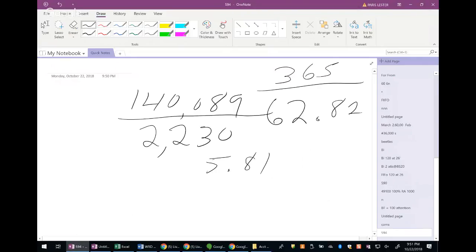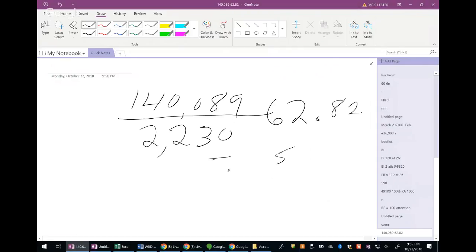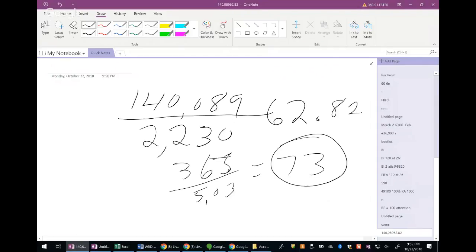All right, what was your turnover then for Mattel? 5.03. Now, if you divide that into 365, you just round it probably to 5, what would you get? So it takes them 73 days. Does Mattel compete at all with Apple?